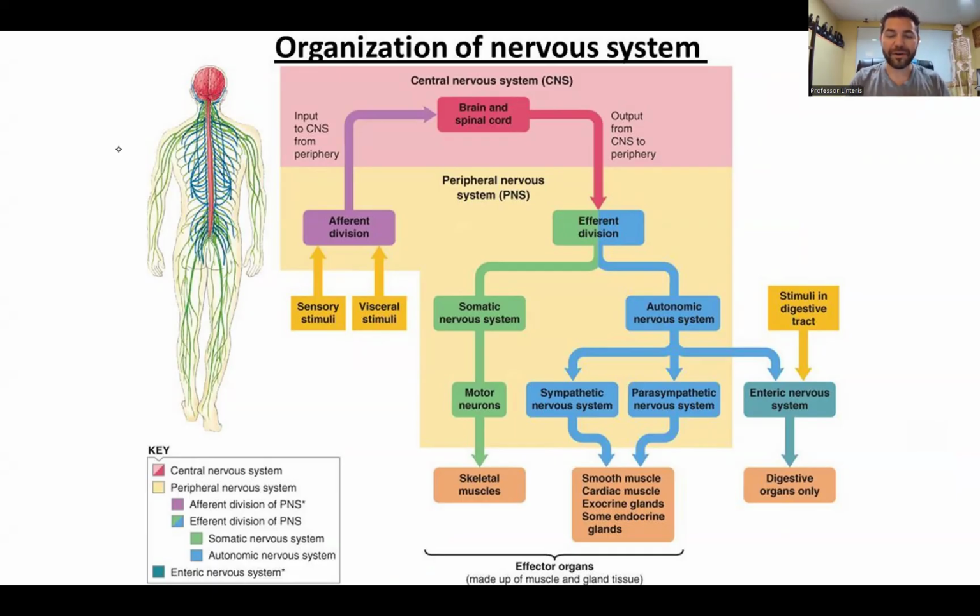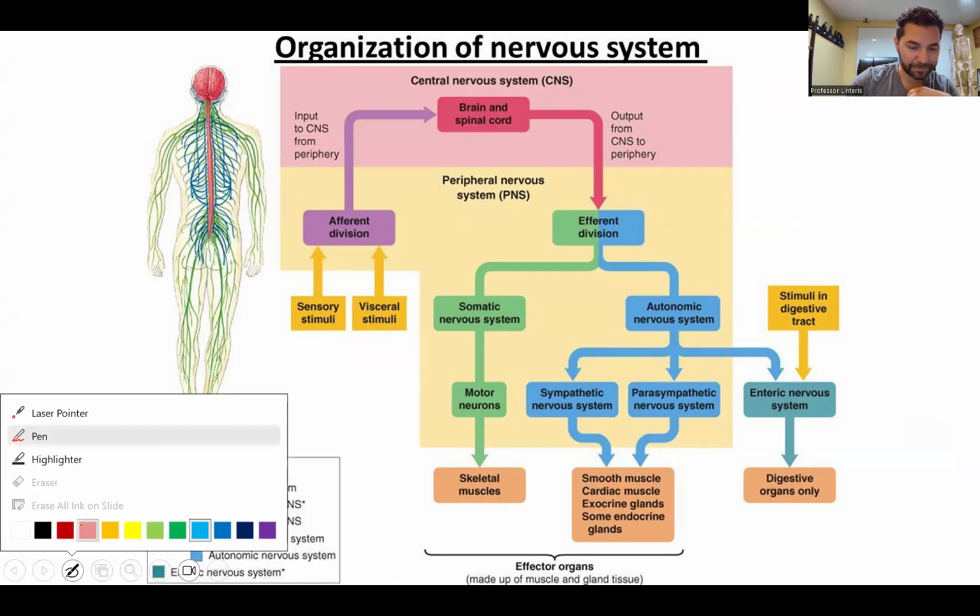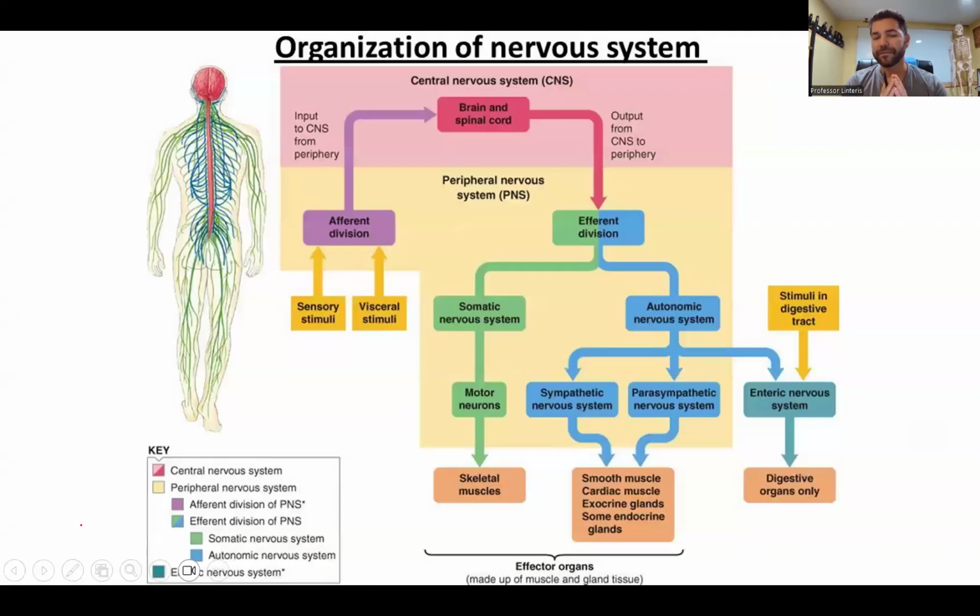So as far as the organization goes, this is what I call the roadmap. And it's very important to understand, right? So you can see that we have a division up here for CNS, and then everything else below that is the PNS, right? You can see that the brain and the spinal cord are found in the central nervous system.